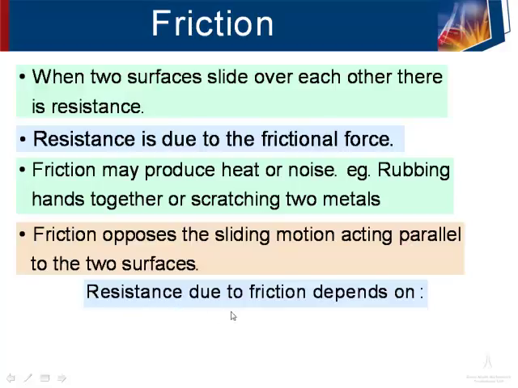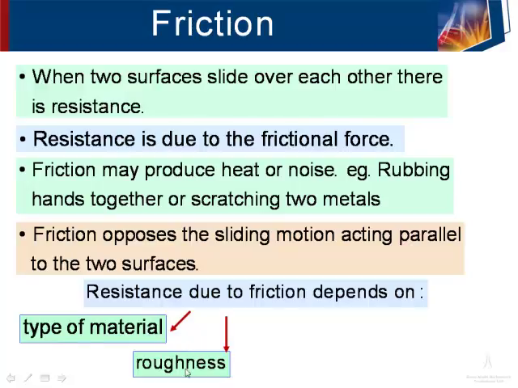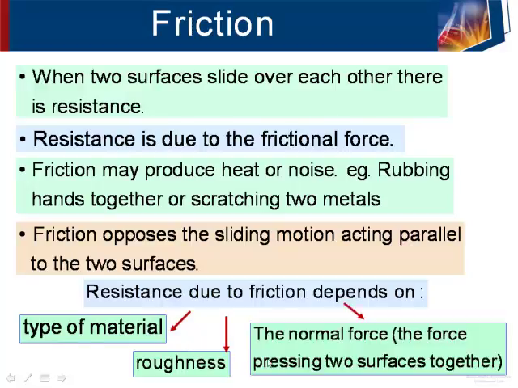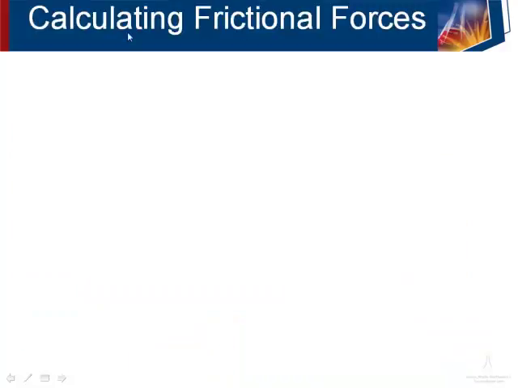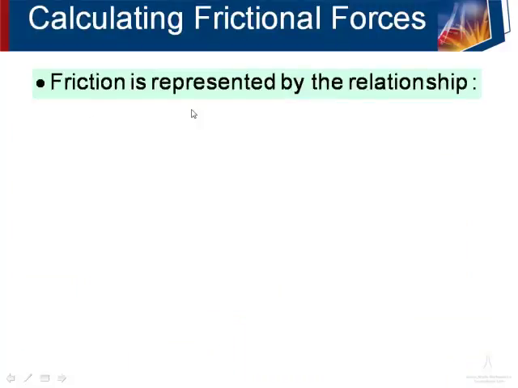Resistance due to friction can depend on three things: the type of material, the roughness, and the normal force. This is the force pressing the two surfaces together. Calculating the frictional forces. Friction is represented by the following relationship.